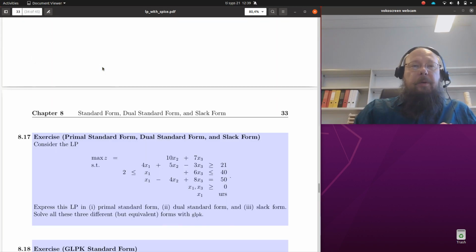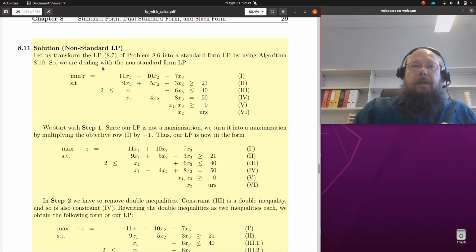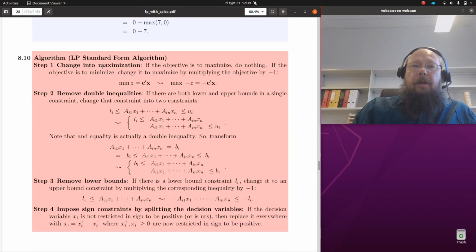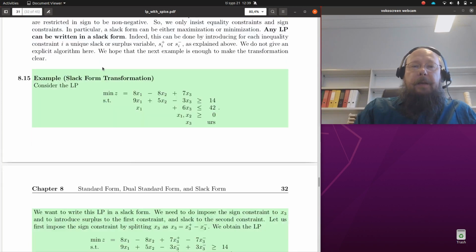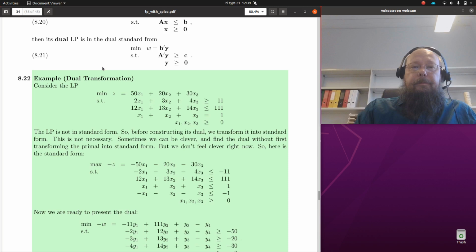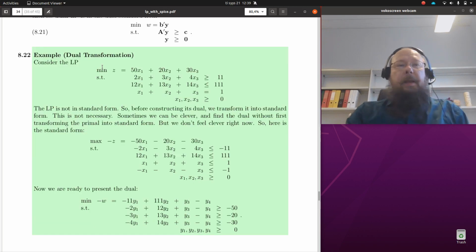Go to the notes here and start going through these steps. Step 1, step 2, step 3, step 4, whenever needed. Take this LP here and make a standard form out of it. I'm serious, do it now.